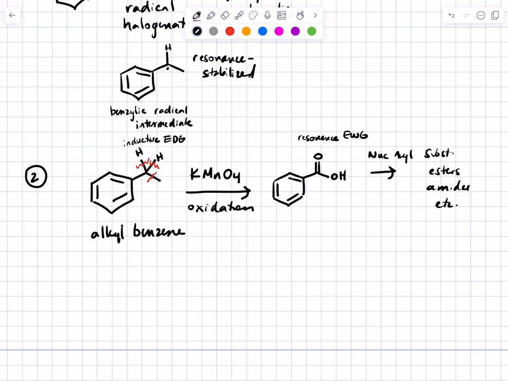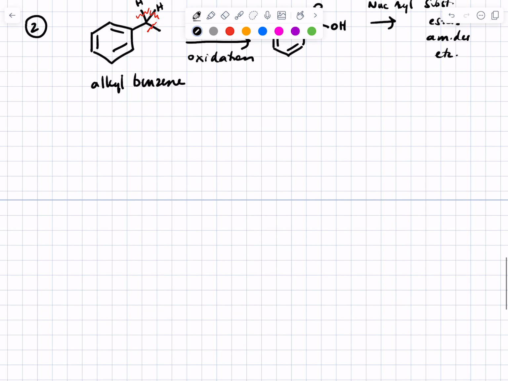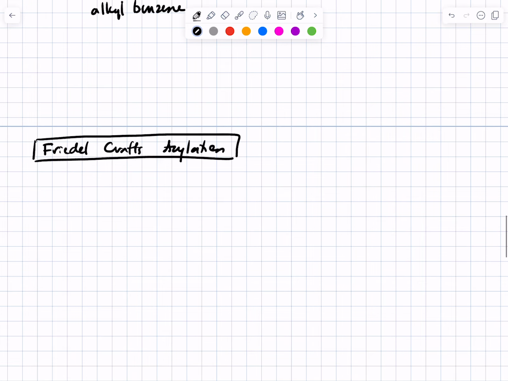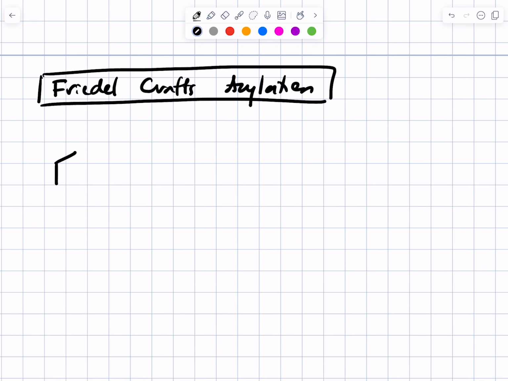Okay, the final new set of reactions is called Friedel-Crafts acylation. This is basically like Friedel-Crafts alkylation, only the thing that you're going to add, instead of being an alkyl halide, is an acid chloride. So here I'm just going to be general and put some kind of R group.